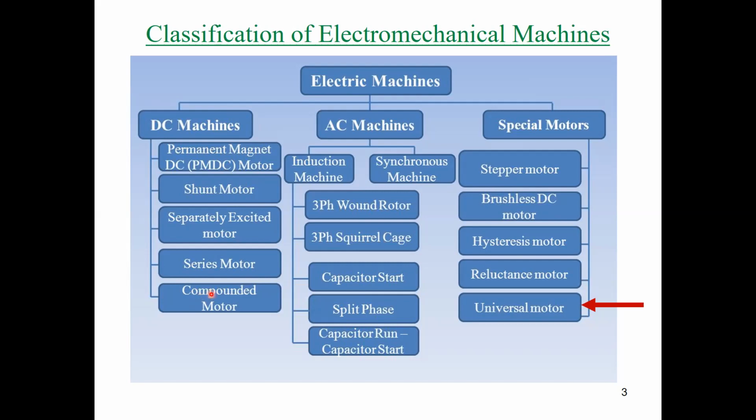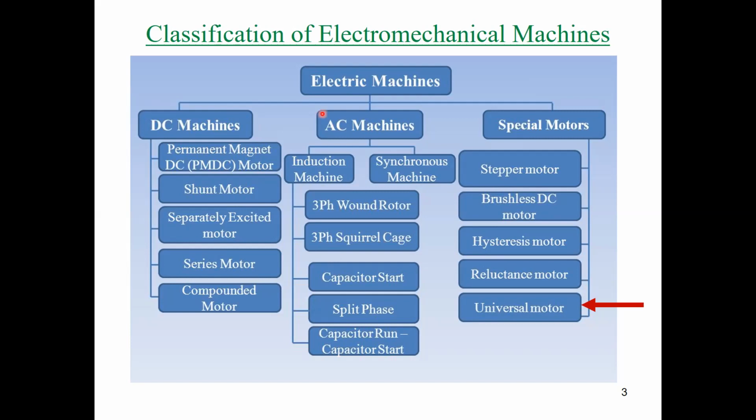And we have AC machines like the induction machine and synchronous machine. Induction machines can be three-phase, wound rotor, or squirrel cage. We also have single-phase induction machines like split phase, capacitor start, and capacitor start capacitor run machines. We are going to describe them in more detail next week.